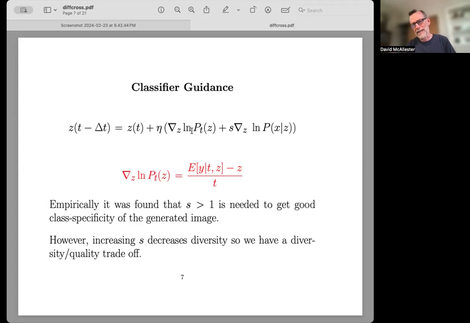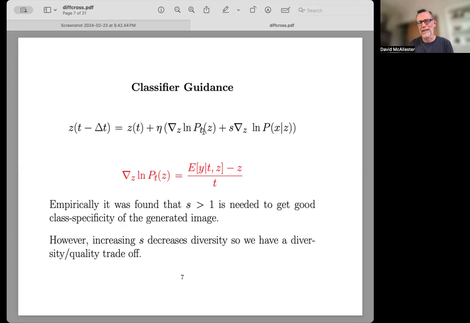And what happens is we've trained a diffusion model for the unconditional probability distribution. And from the last analysis, we have that this gradient, the gradient of the log probability of Z, can be written this way. This is a correct equation from the fancy theory that we used last time.